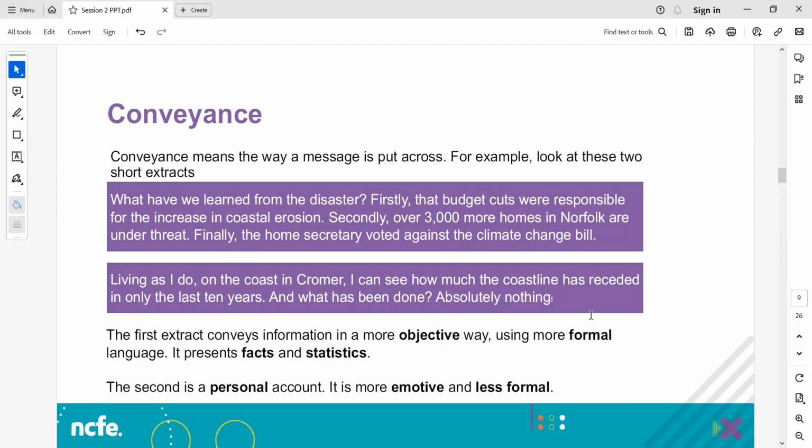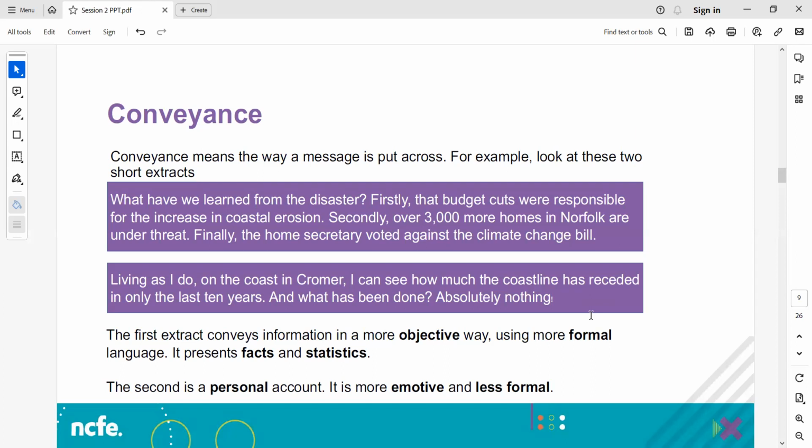So it's not putting personal opinion in. It uses more formal language, and it presents, as you've pointed out, facts and statistics. The second is personal, which you identified again, well done. It's more emotive and less formal.